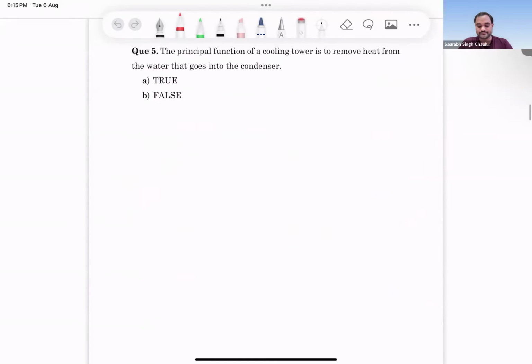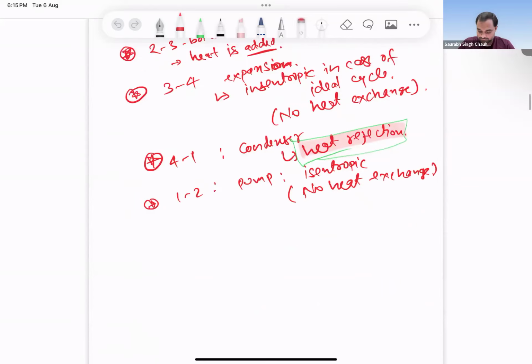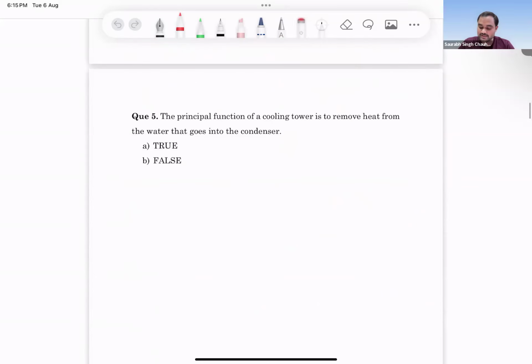Question number 5. Question number 5 says the principal function of a cooling tower is to remove heat from water that goes into condenser. So you should be able to answer this question.